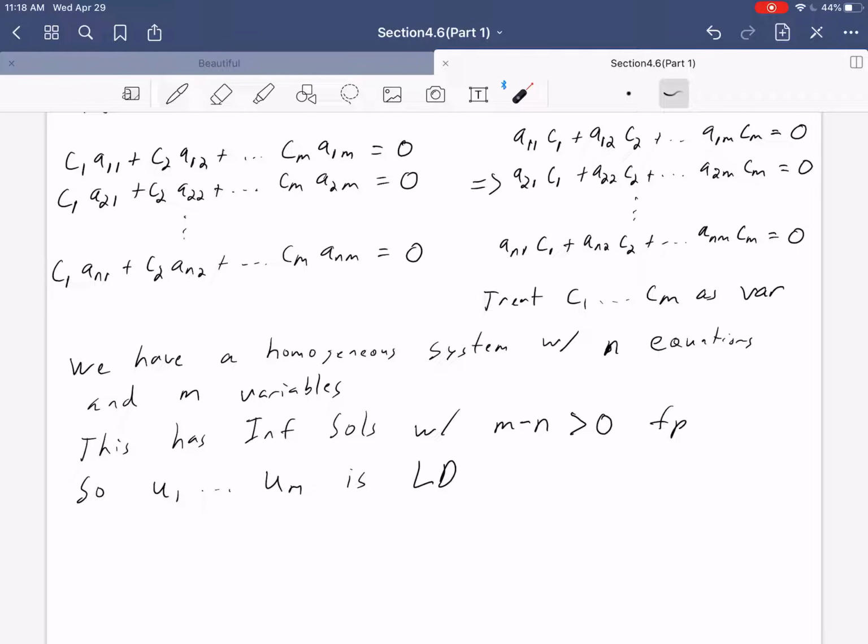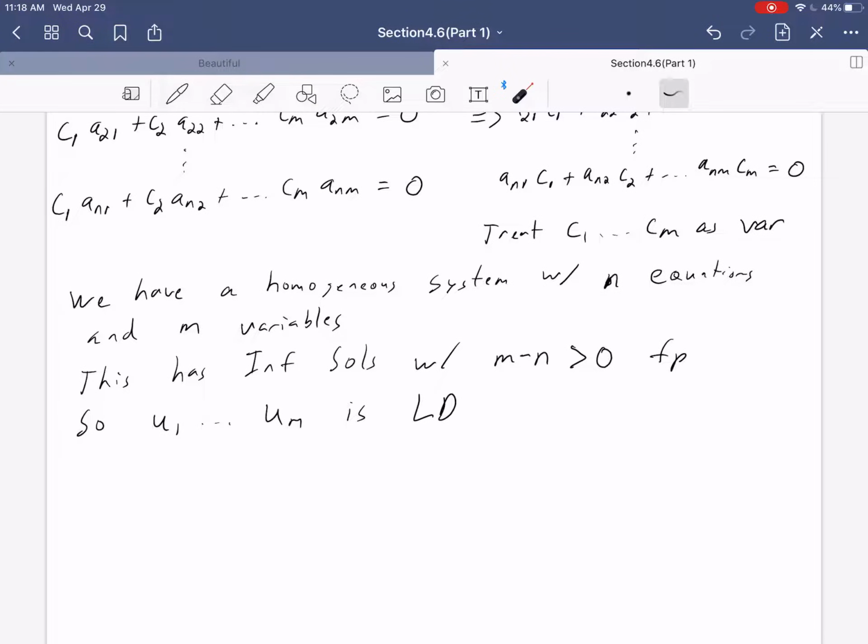The whole trick here was to reduce our proof into a homogeneous system of equations, and then realize since we have only n equations, the rank of this system must be n, so that the number of free parameters for the solutions is m minus n, which must be greater than 0 because we're working under the assumption m is greater than n.